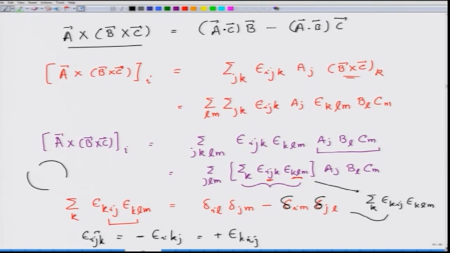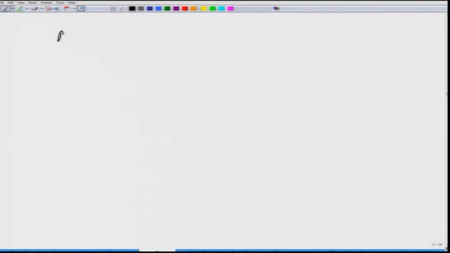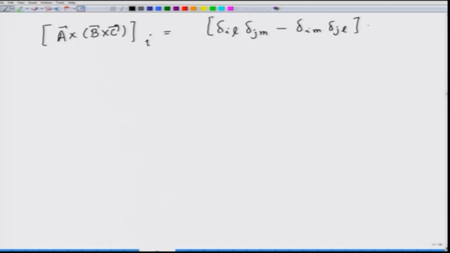All right. So, I can now easily express the ith component of A cross B cross C as delta i l delta j m minus delta i m delta j l from the previous place, A j b l c m, summation over j, l and m.